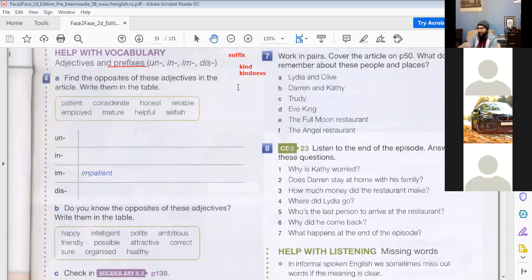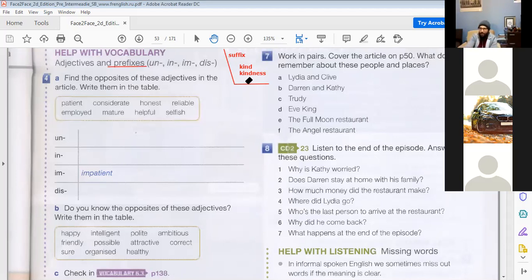This is not our topic, but they are related, so always remember them together. Prefix is when you add something to the beginning of the word. If you add something to the end of the word, we call it a suffix.